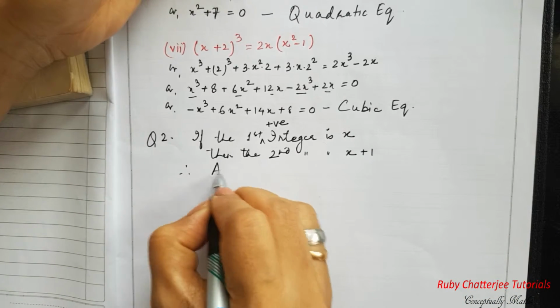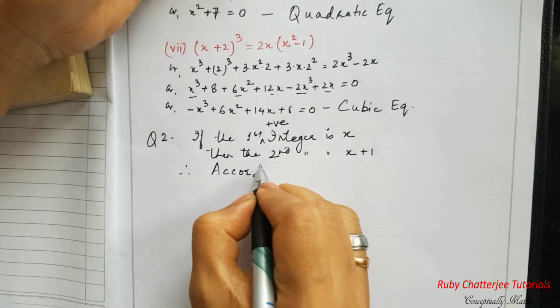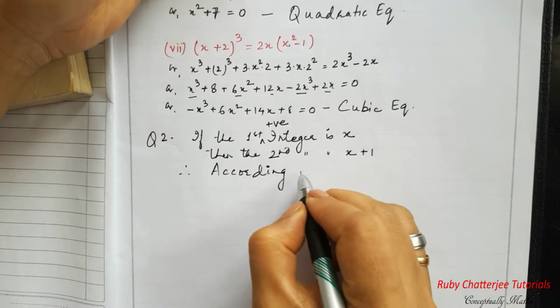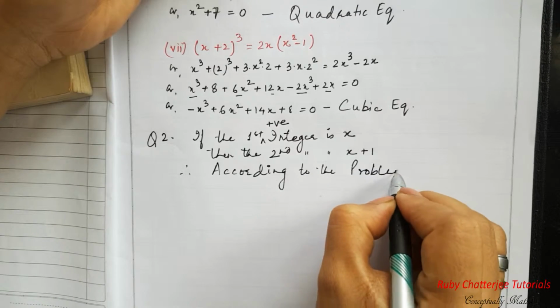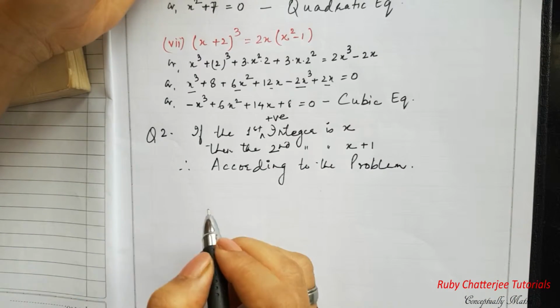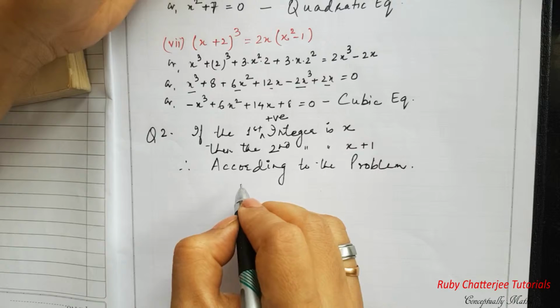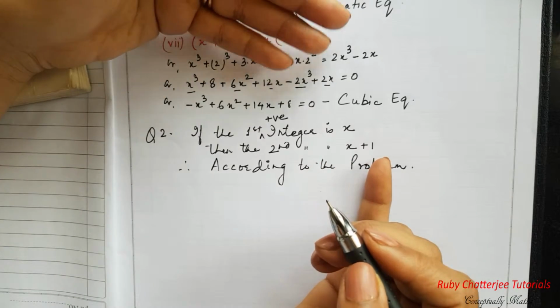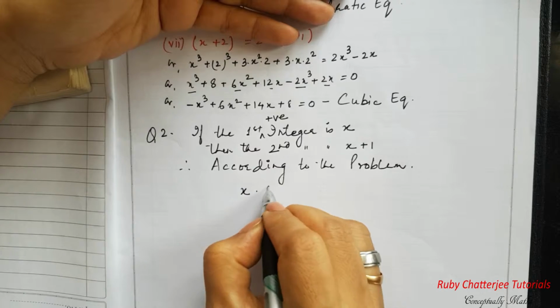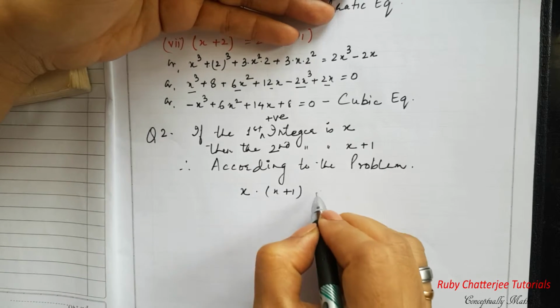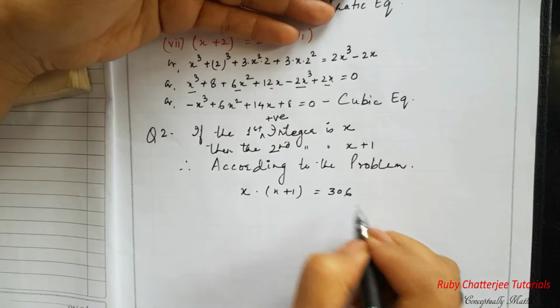Therefore, according to the problem, the product of the two consecutive integers is 306. So I can say x into (x plus 1) is equal to 306.